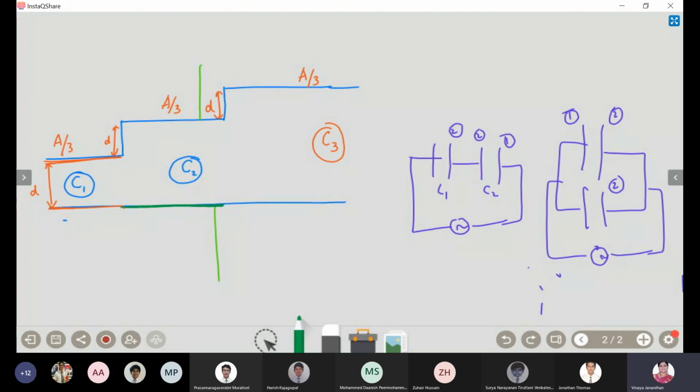So how are they connected? Parallel connection. The first plate of C1, the first plate of C2, and the first plate of C3 are directly connected. Is that clear, boys? Now the second plate of C1, the second plate of C2, and the second plate of C3 are directly connected. So this is a parallel connection.